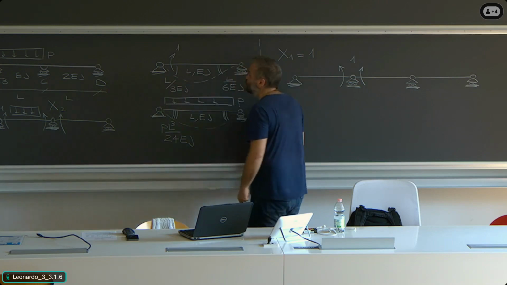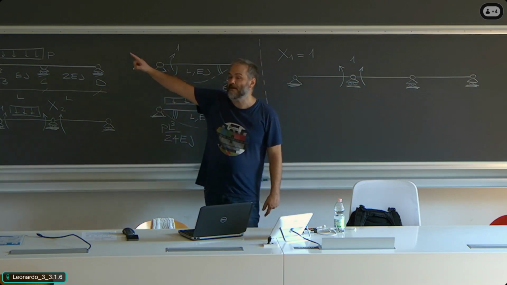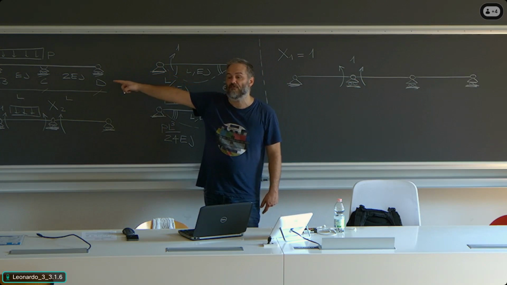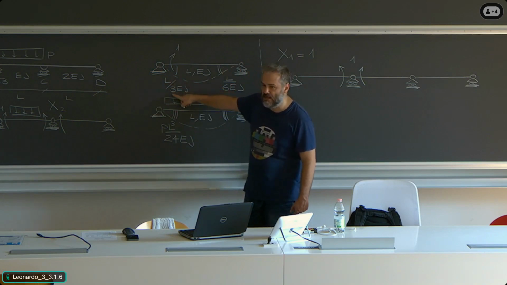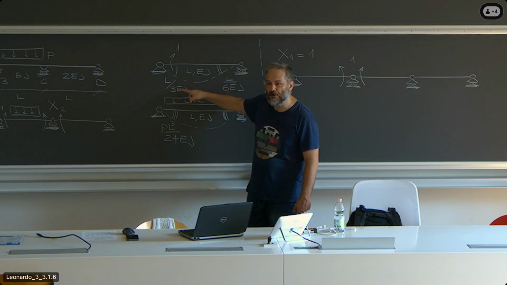In the case of the first span, we only have to remember that the bending stiffness is 4EJ, which means that how much does the loaded end rotate? L divided by 3 multiplied by 4EJ.